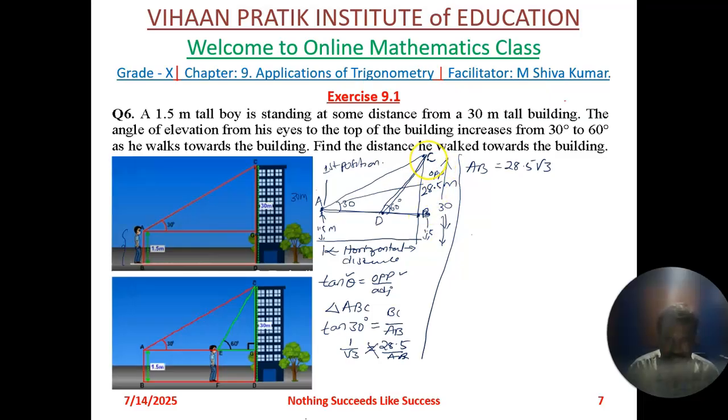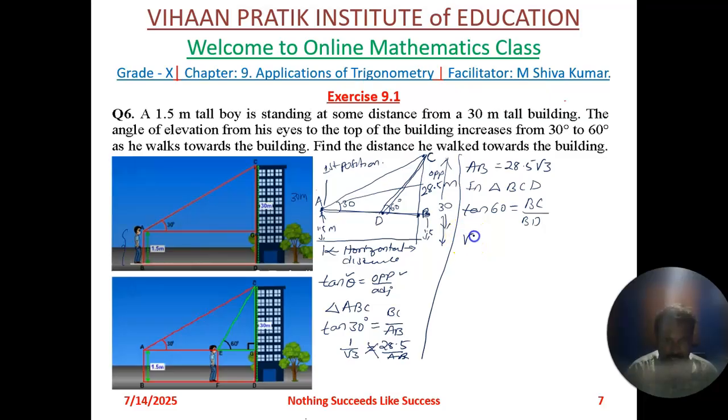Next, consider triangle BCD. In triangle BCD, again tan only, tan 60 equals opposite by adjacent. So opposite is BC, adjacent is BD.